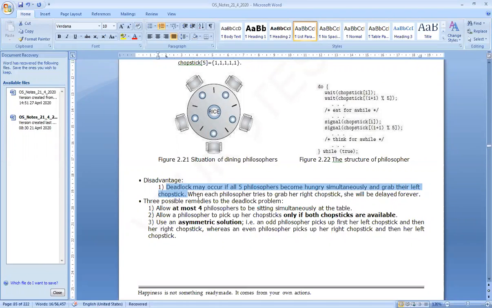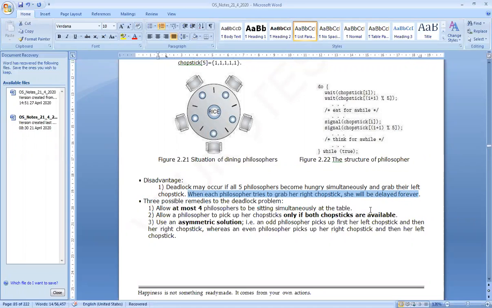Because of that, they may get into a situation that is called a deadlock situation. When each philosopher tries to grab the right chopstick, they will be delayed forever. Whenever the left chopstick is with one philosopher, he will try to grab the right chopstick, which is already with one more philosopher.